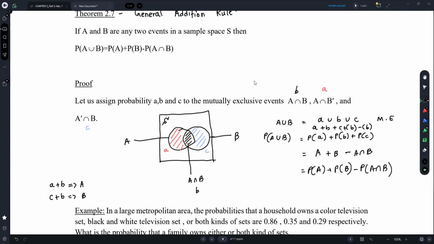Okay, so that's one way to prove it, but you can come up with other different ways to do that. So this is one way of proving the addition rule. You can even argue it like this. When you are finding the union of A and B, you have P(A), you have P(B), and when you do that, you add the overlapping area twice.